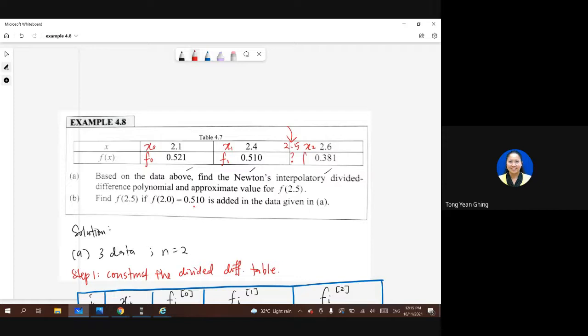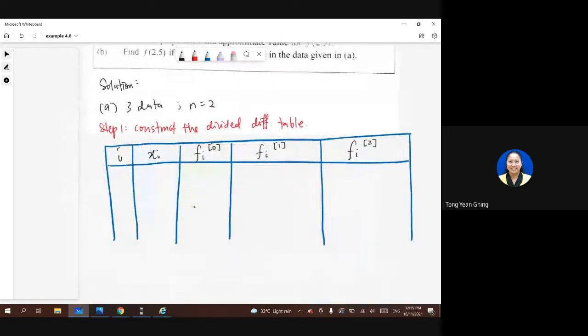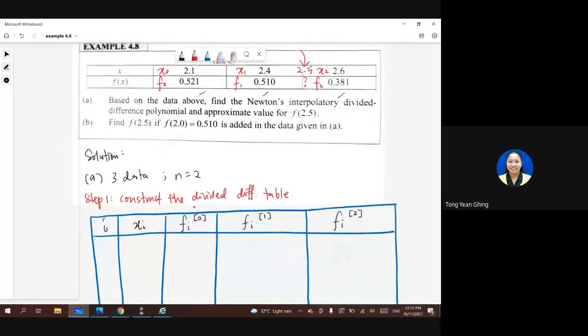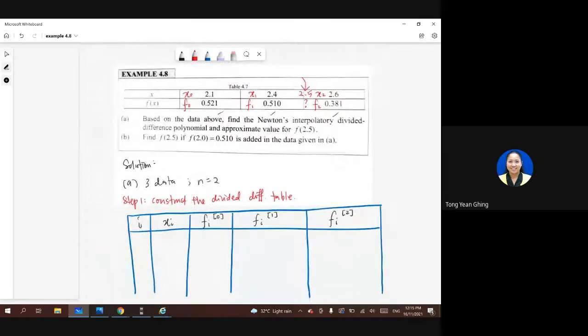Okay, so untuk degree 0, so masukkan dalam ni, start dengan 0, X0 adalah 2.1, and then F0 adalah 0.521. Okay, boleh? And then we have 1.